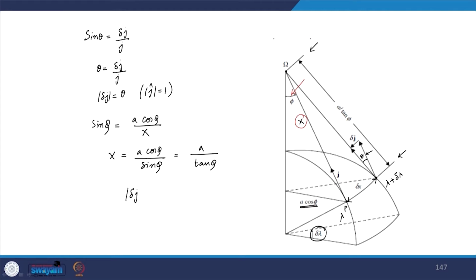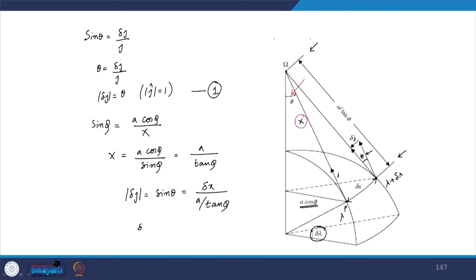Let us call this expression 1. The magnitude of delta j was equal to sin theta, that is equal to delta x by a by tan phi. We have already defined sin theta: sin theta is delta x by a by tan phi, this distance by this distance. So we have one expression for delta j, which is equal to delta x by a by tan phi.